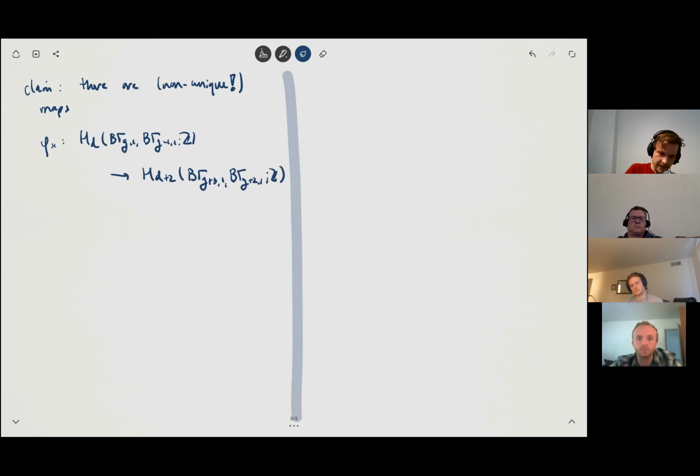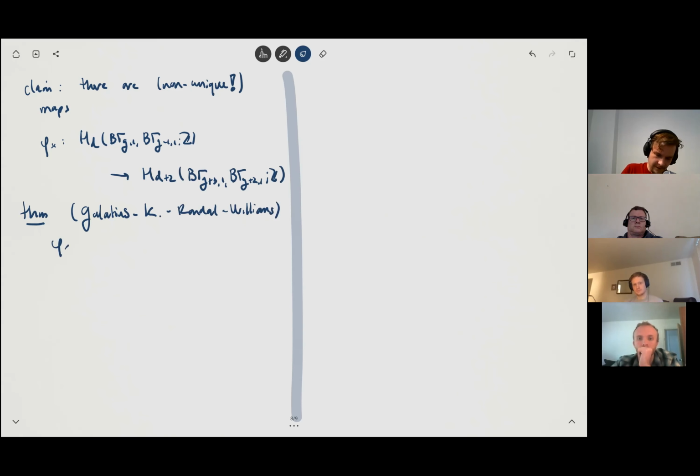Okay. And then the theorem is that these are surjections or isomorphisms in a larger range than the range in which these groups are zero. This is something that I proved with Soren Galatius and Oscar Randal-Williams a couple of years back.